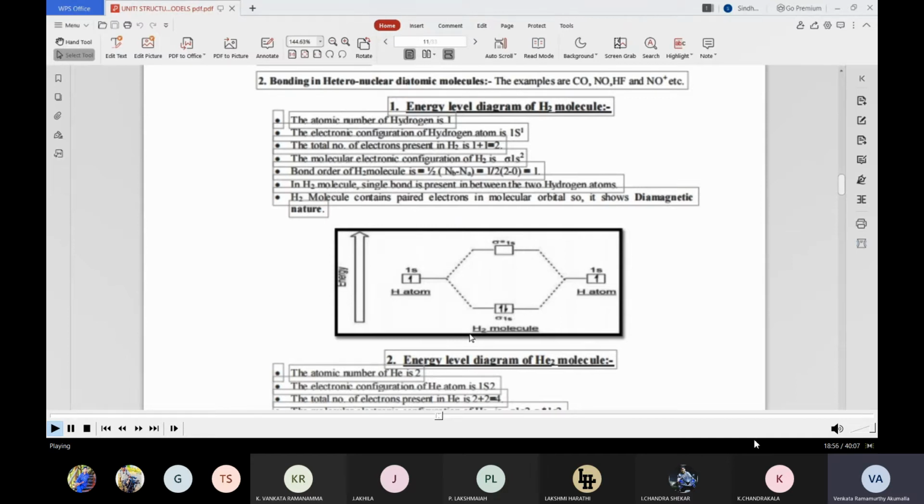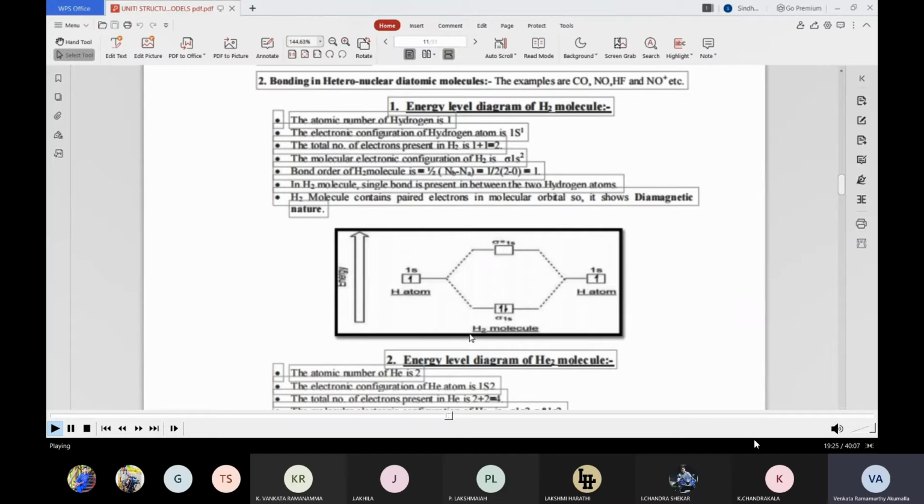That is 1 by 2 into 2 minus 0, which is equal to 1. The bond order is only 1. In the hydrogen molecule, a single bond is present between the two hydrogen atoms.